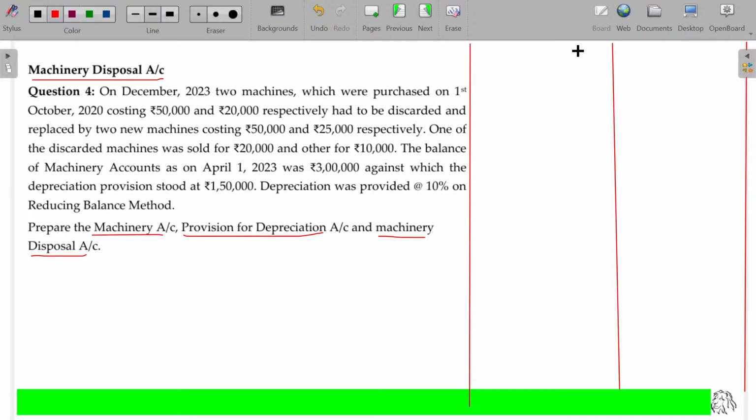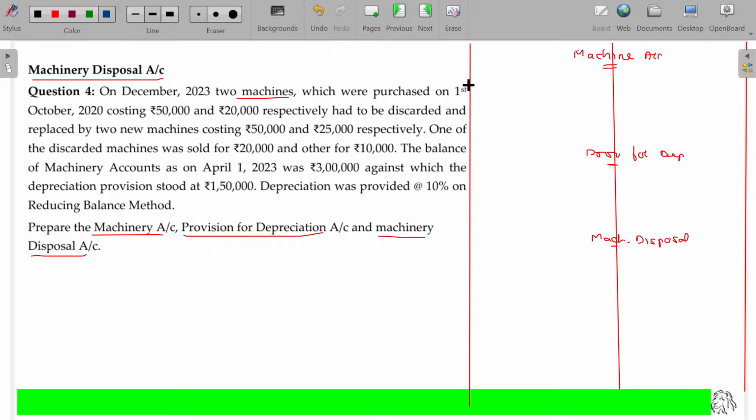So one is the machine account, and the provision for depreciation account, and the machine disposal account. So no need to refer to the illustration, just finish off posting the format here.